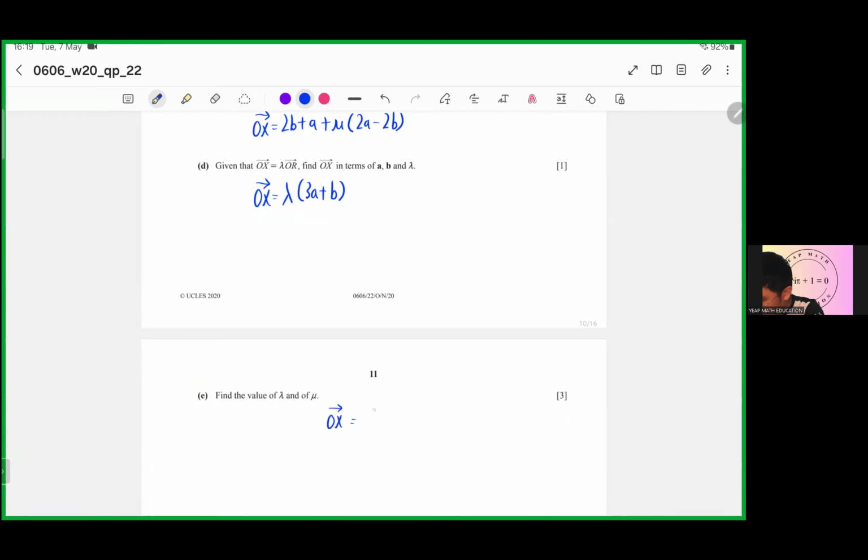OX equals OX. So we can write 2B plus A plus U, 2A minus 2B, U equals 3 lambda A plus lambda B.